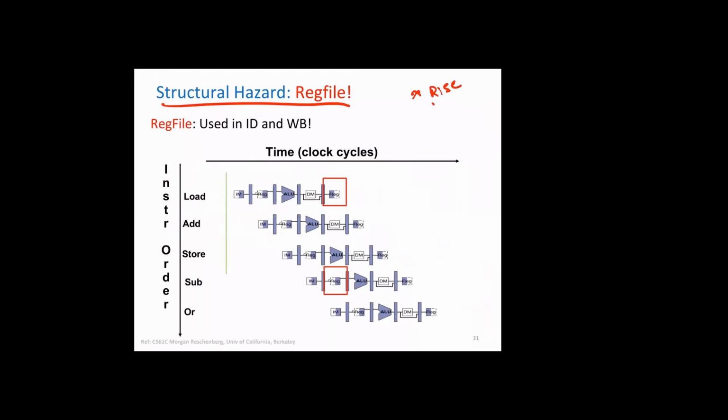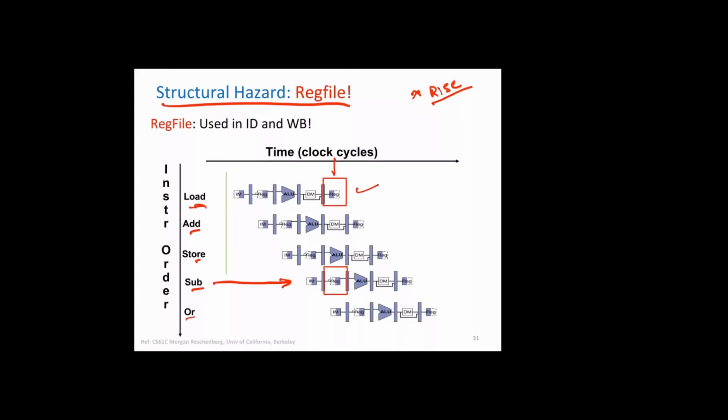So now you see here this sequence of instructions: load, add, store, subtract, or. In the load, when you're loading from memory to register, the last stage is the write back stage, where the registers are being used. And then we can see the fourth instruction in the same time cycle.